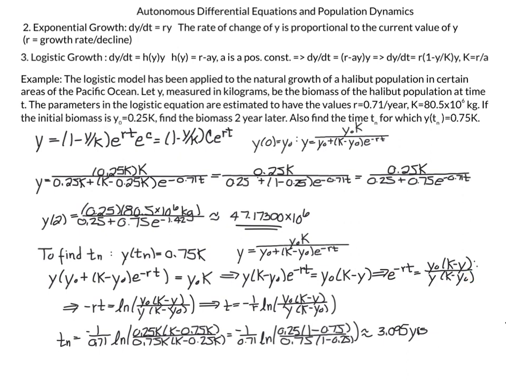Here we take the logarithm of both sides, do some more algebra, till eventually we get tn equal to minus 1 over 0.71, plugging in for r, times the natural log of 0.25k, that's plugging in for y naught, times k minus 0.75k, all over 0.75k times k minus 0.25k.